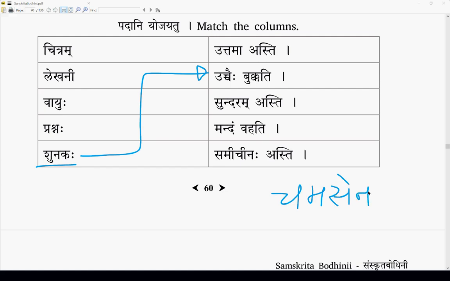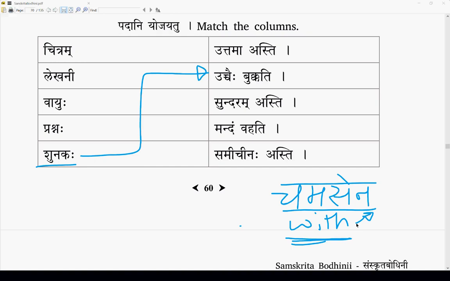I eat with the spoon. So is chamasena avyayam? No. Here, I am eating with the spoon. We are using this tritiya vibhakti because it is an instrument.